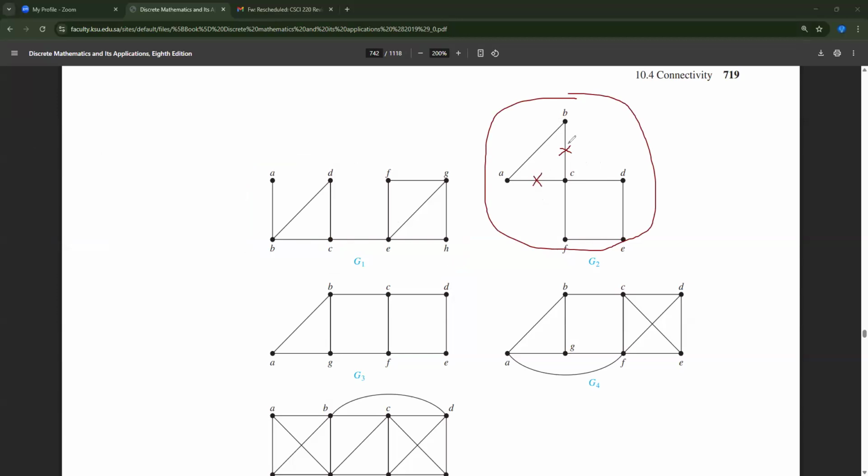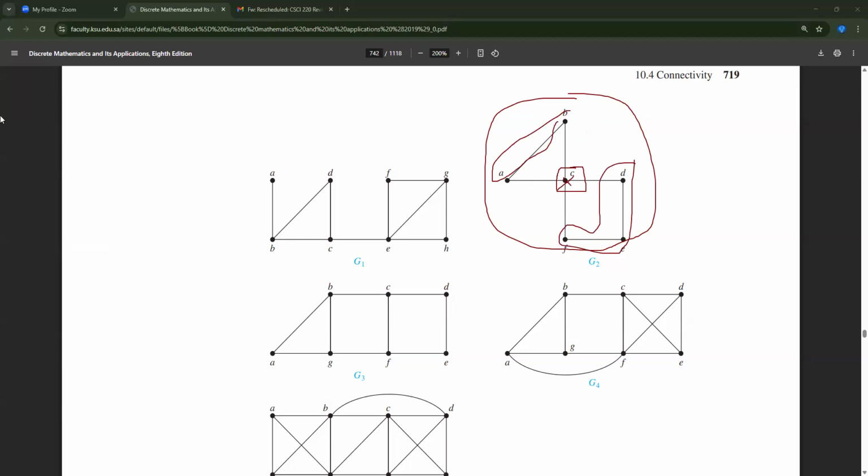So the minimum number of edges to make this graph disconnected is 2. Whereas the minimum number of nodes or vertices to remove is 1. If I remove C, which is like a pinch point right here, because everything has to go through C in order to get here, once I remove C, you can't go from A or B to D, E, or F.